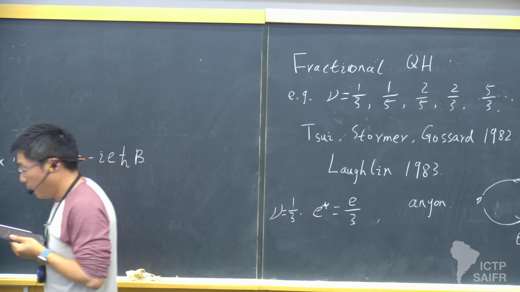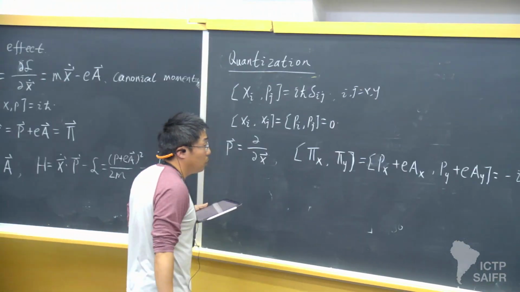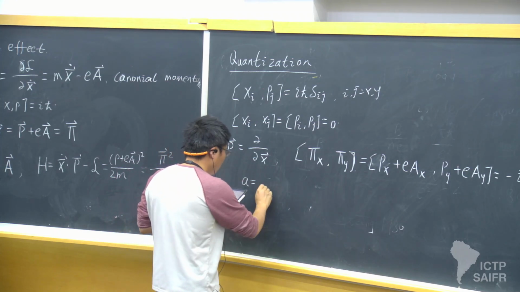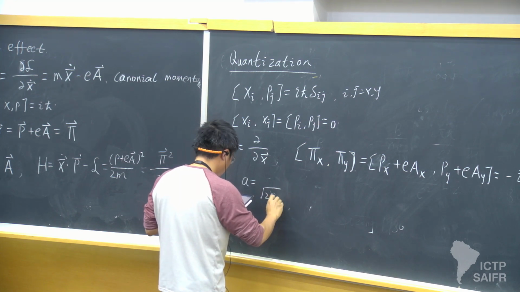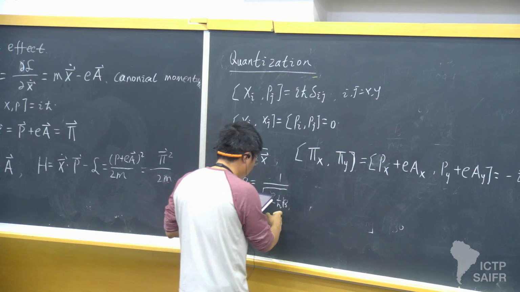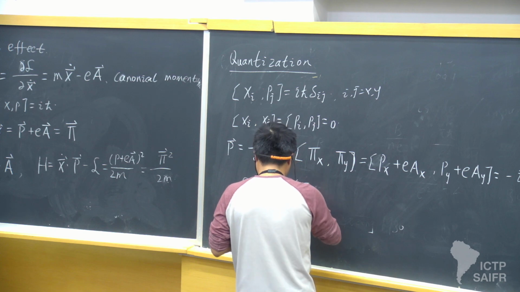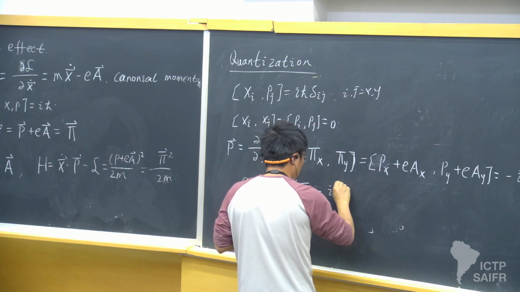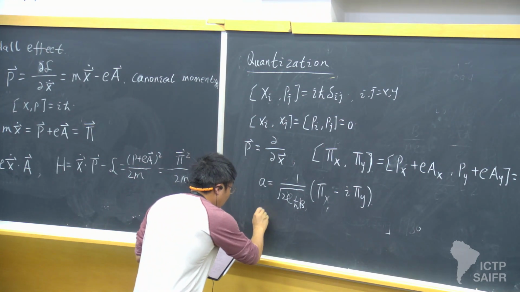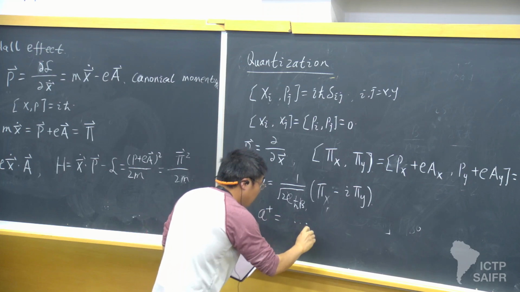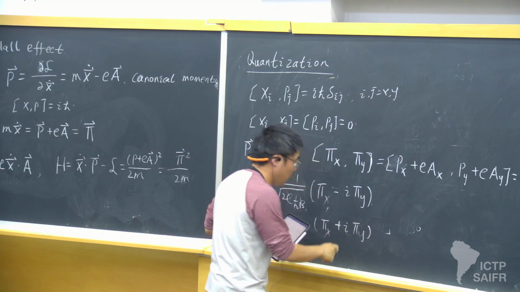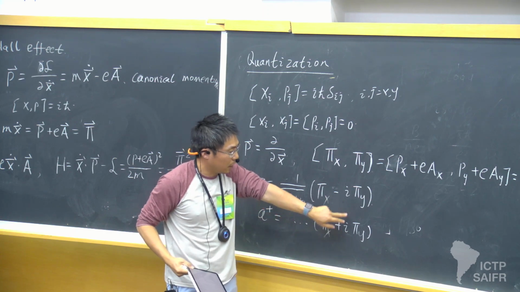And then what you can do is define an operator that I call a, which I define as 1 over the square root of 2 e h bar times the magnetic field B, times the mechanical momentum combination. Naturally a dagger has a similar expression, but with a different sign because I'm conjugating i.